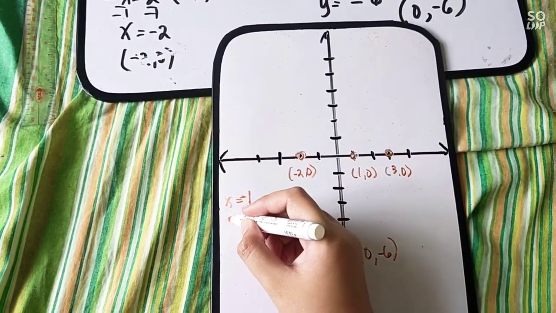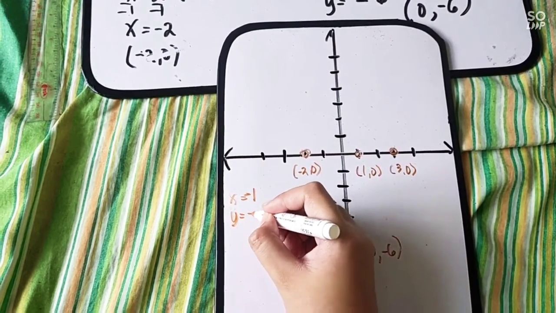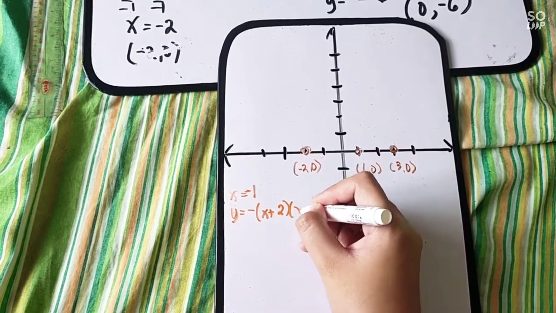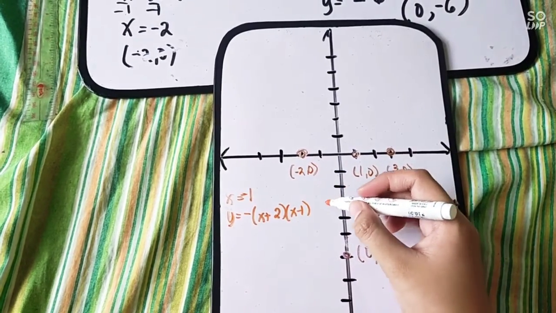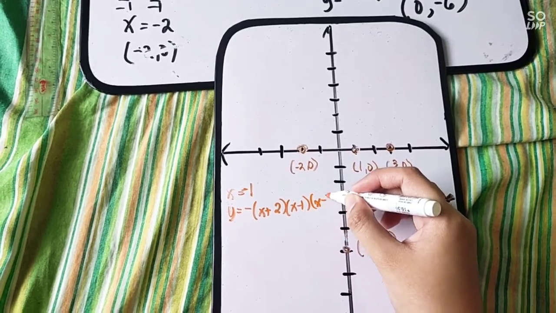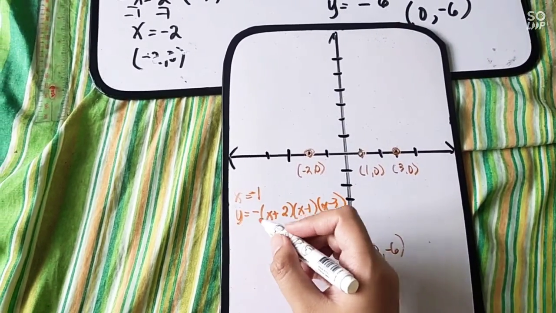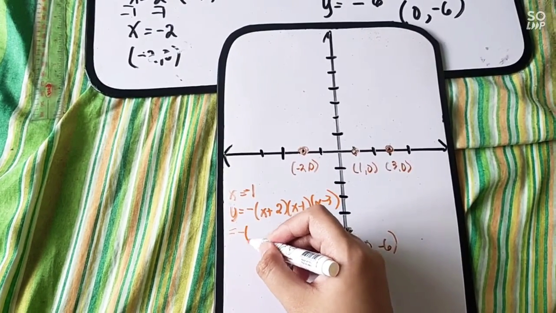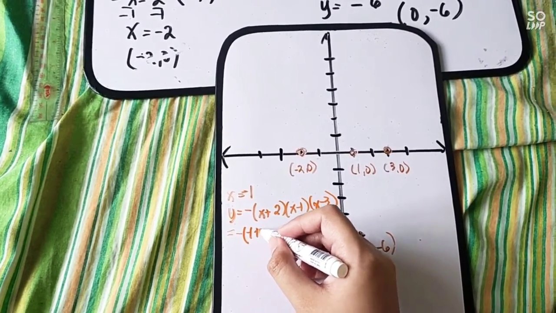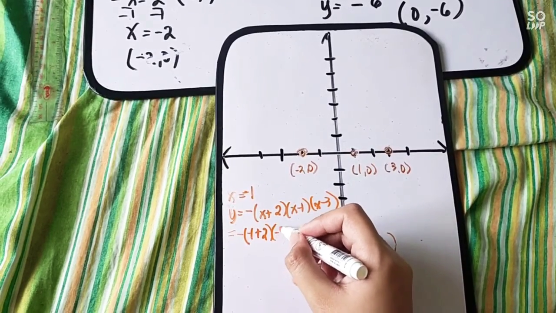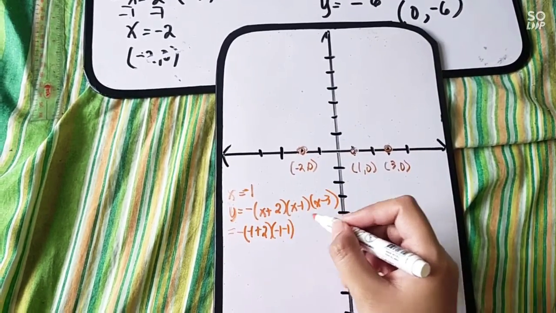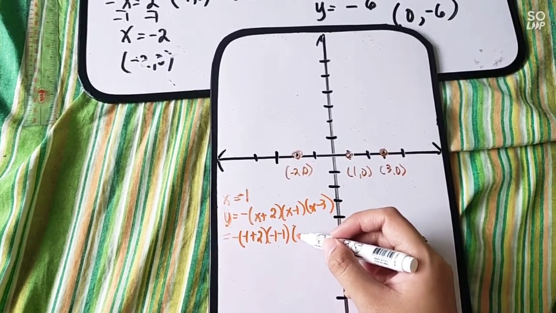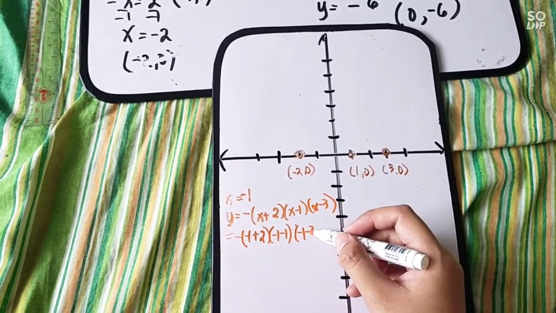From our given, y equals negative times (x plus 2) times (x minus 1) times (x minus 3). That's our given. So change x into negative 1. We have negative times (negative 1 plus 2) times (negative 1 minus 1) times (negative 1 minus 3).